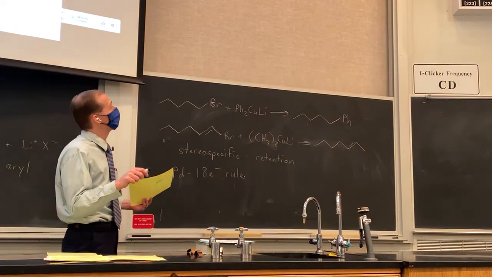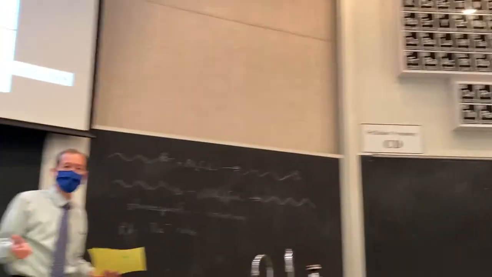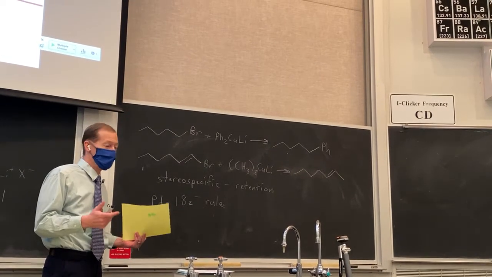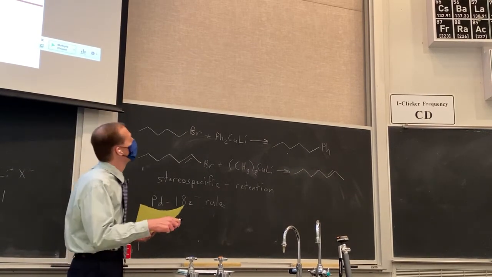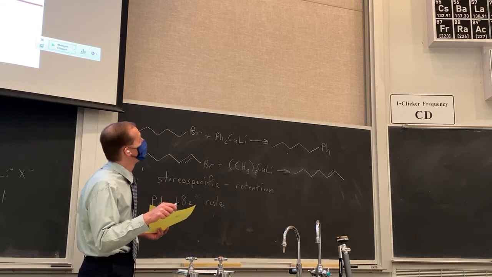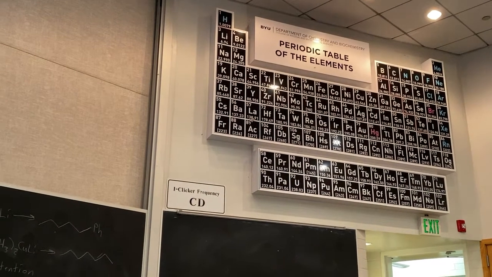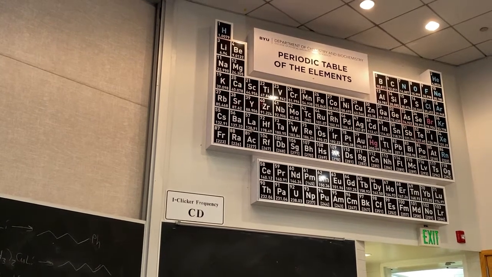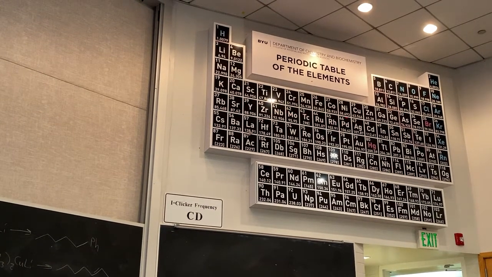So the column palladium is in is critical for its chemistry and is why it is very, very useful in organic synthesis. Unfortunately, this periodic table does not have the columns labeled, so we have to count across 1, 2, 3, 4, 5, 6, 7, 8, 9, 10.